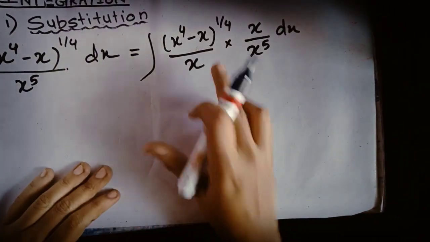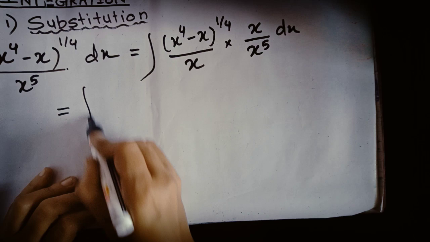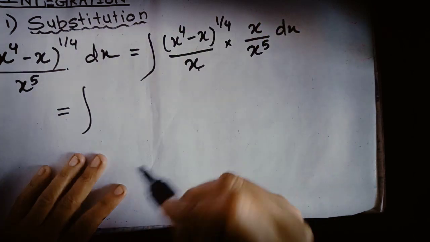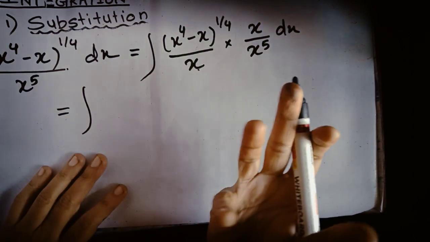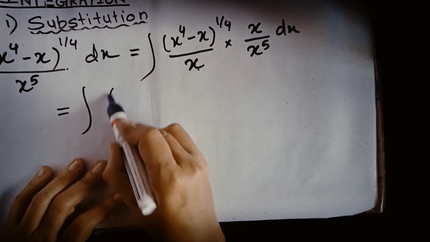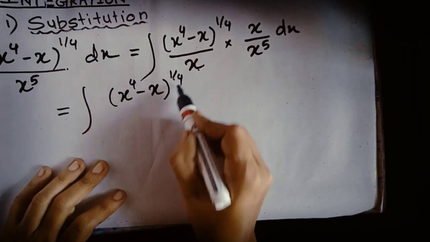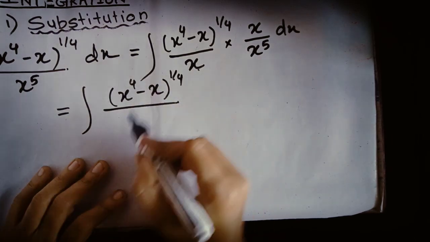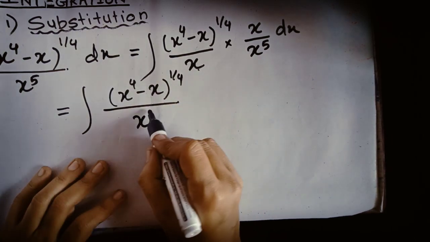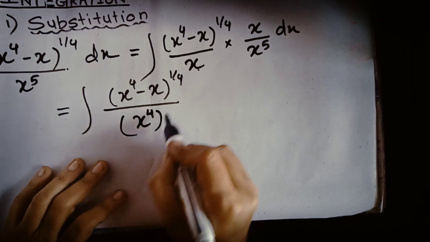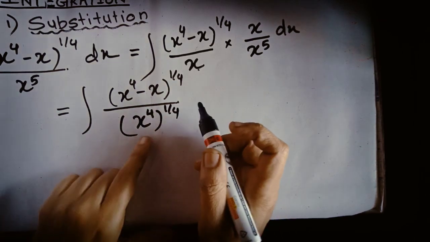Now carefully look at this. If I take this x inside, then how will I have to write this? x raised to 4 minus x, raised to 1 by 4. So x I can write as x raised to 4 raised to 1 by 4, right?